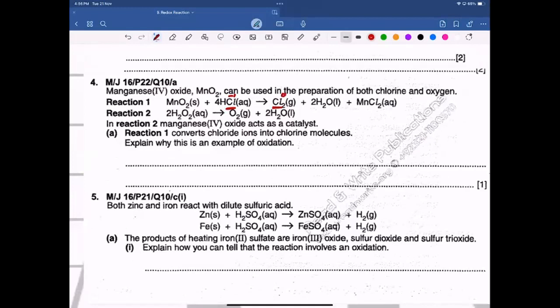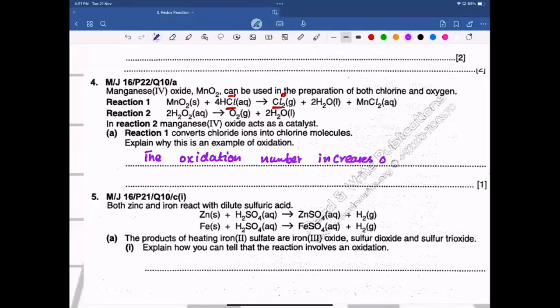So explain why this is an example of oxidation. The oxidation number increases. Beside this, what else can I write? Using electrons. Good. The oxidation number increases, this is one possible answer.